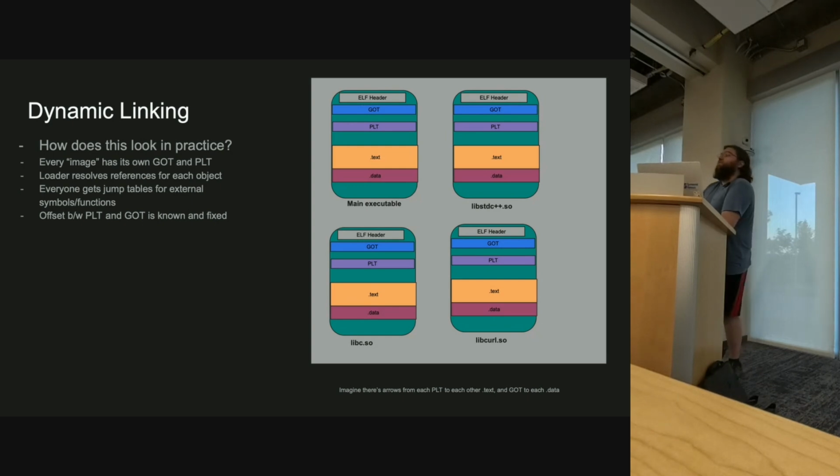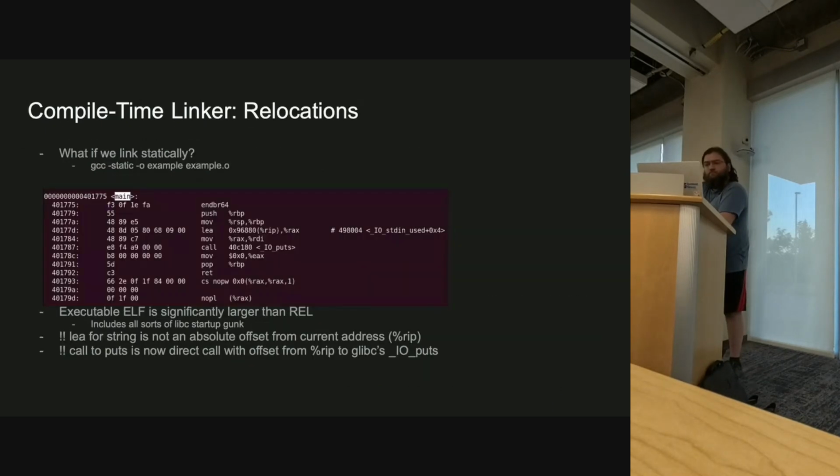Yes. So are you going to come back to this question about the jumps or the references? What was the question? It was about absolute addresses. Yeah, so we kind of covered it with the relocations, exactly how that works.